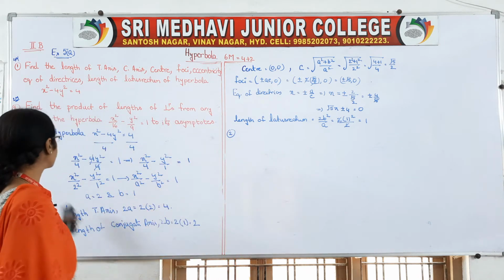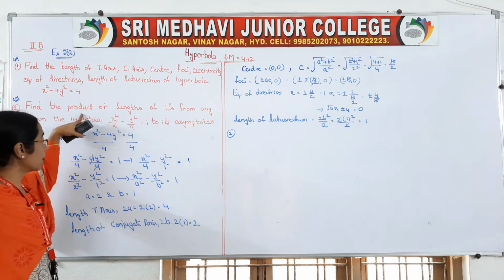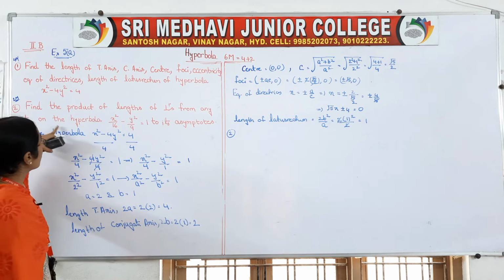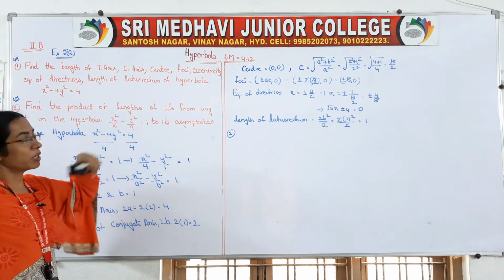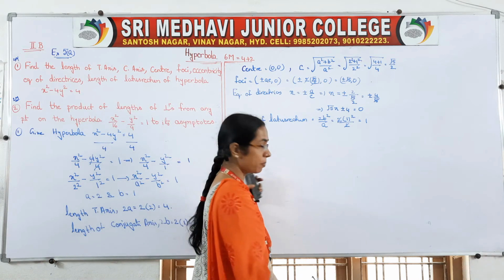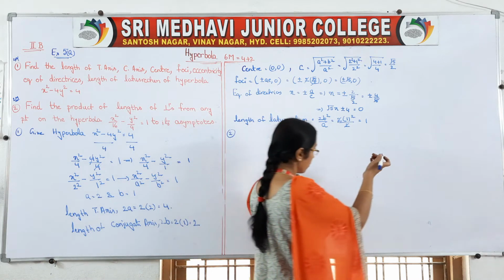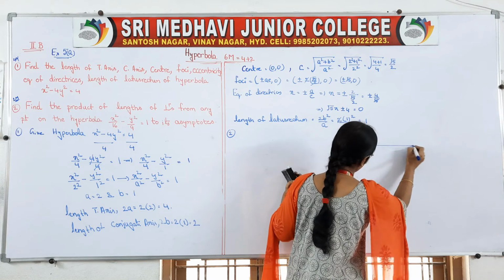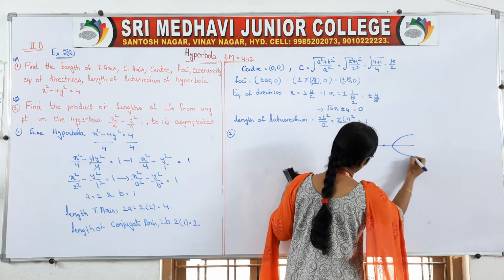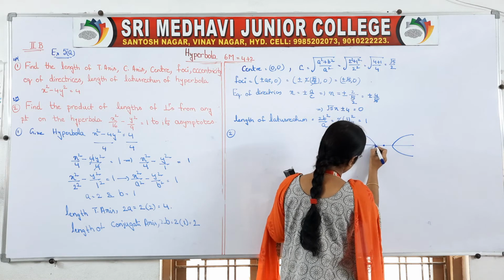Now come to the second question. Find the product of lengths of perpendicular from any point on the hyperbola to its asymptotes. So actually in the previous class yesterday we discussed the asymptotes, right. So what are the asymptotes? Two straight lines, isn't it?